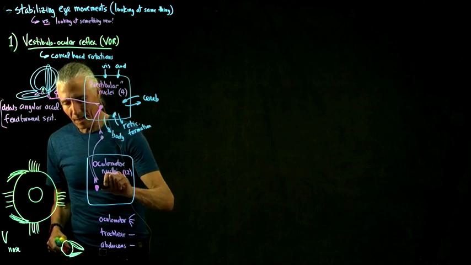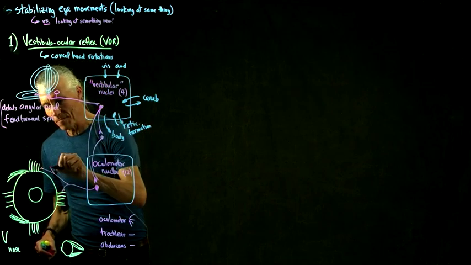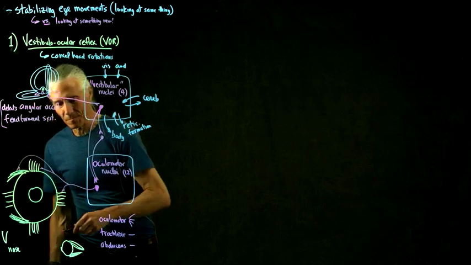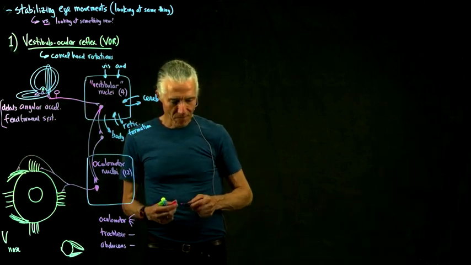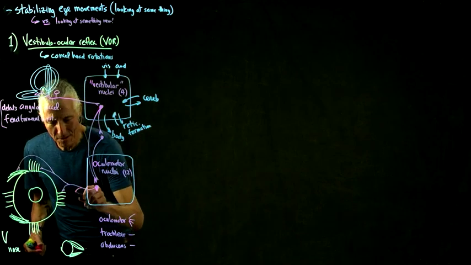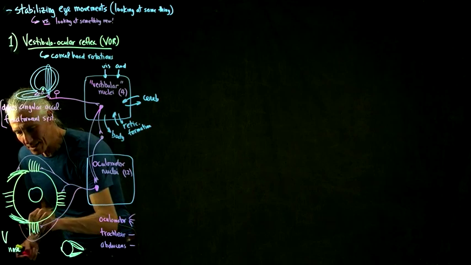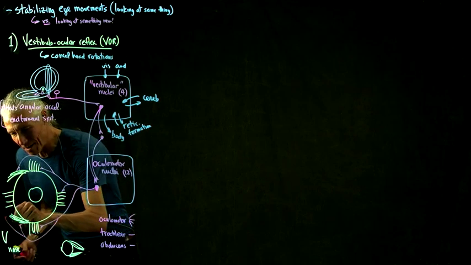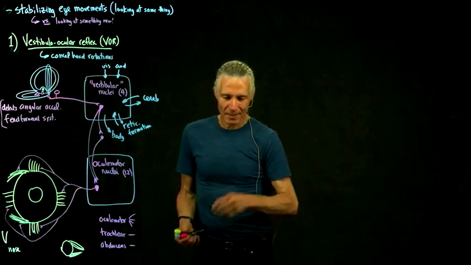And then these guys synapse on all these muscles to move your eyeballs. That's the basic system. Now, we have to make sure we get all our eye muscles connected. There we go. So how does this system work?